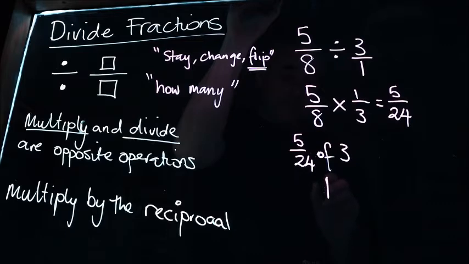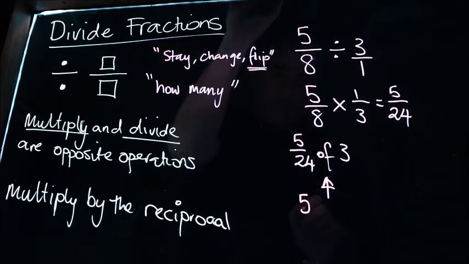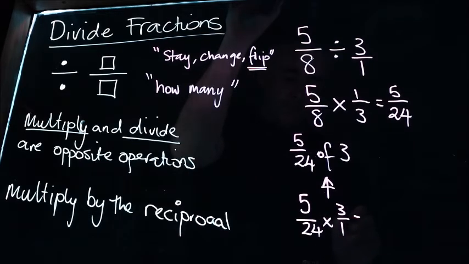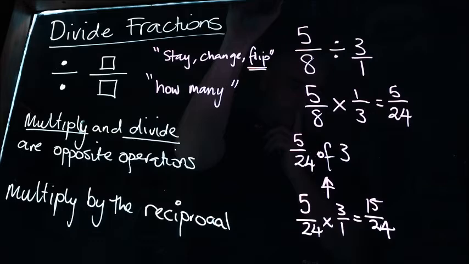So let's look at this with the of sign now. Let's set this up as 5/24 times 3/1 and see what we get back. We should get back our original answer. And do we get that?